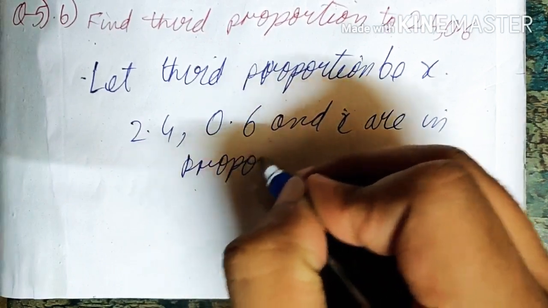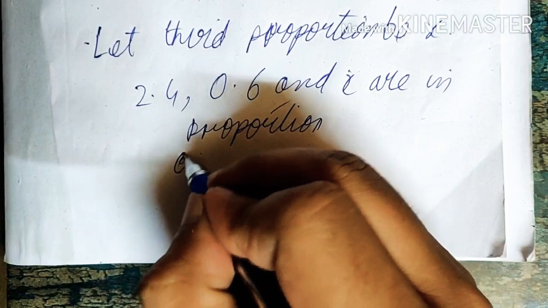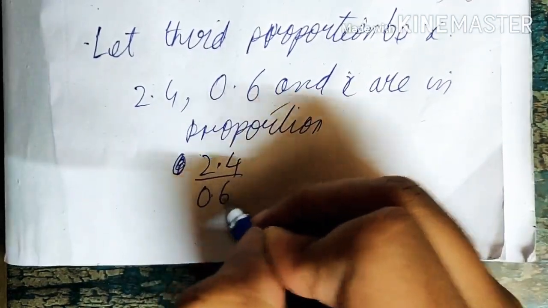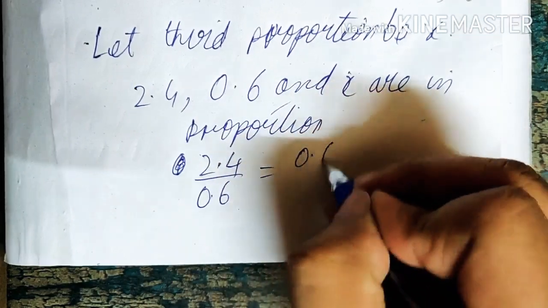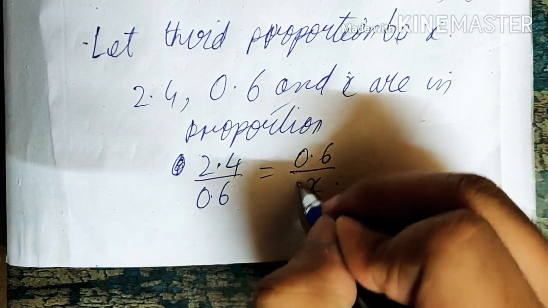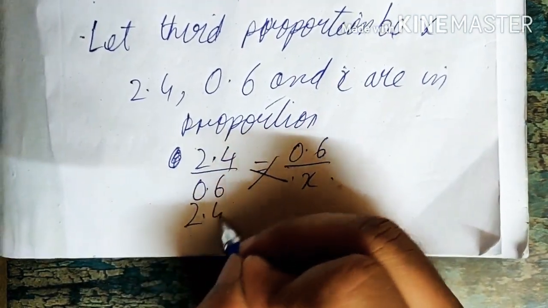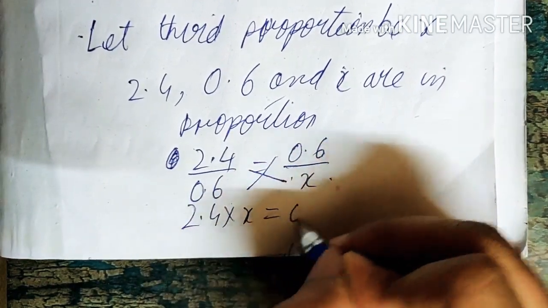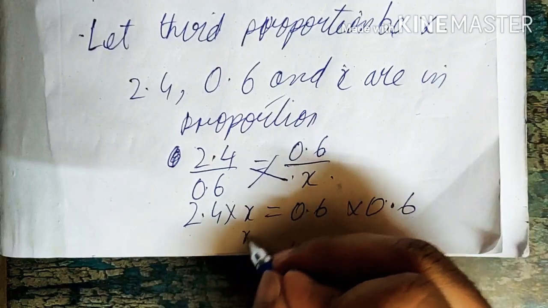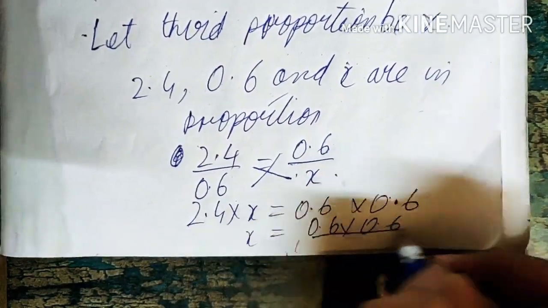Whenever three numbers are in proportion, it means that first upon second is equal to second upon third, and we have to find the value of x here. So we will just cross multiply it. It becomes 2.4 into x is equal to 0.6 into 0.6. So x will be equal to 0.6 into 0.6 upon 2.4.